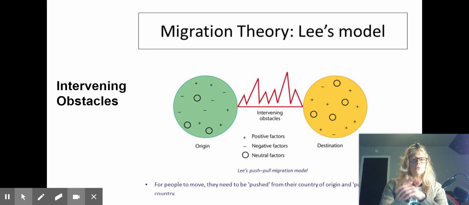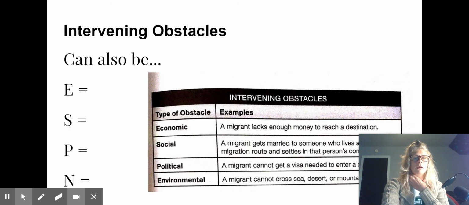Okay. But when you have that little line that looks like a jagged mountain range, that's going to be your intervening obstacles. Now, we can also give examples of intervening obstacles as far as how they can be economic, social, political, and environmental. Again, another snippet from your book. An example of an economic intervening obstacle would be when a migrant doesn't have enough money to get to his destination.